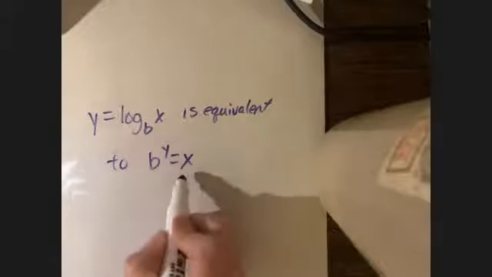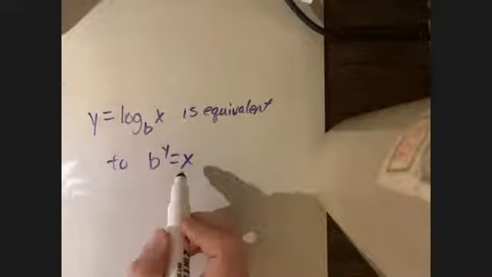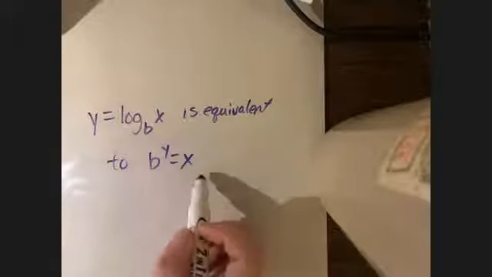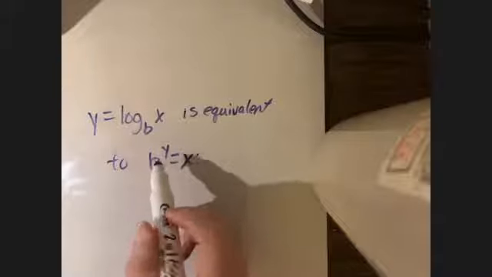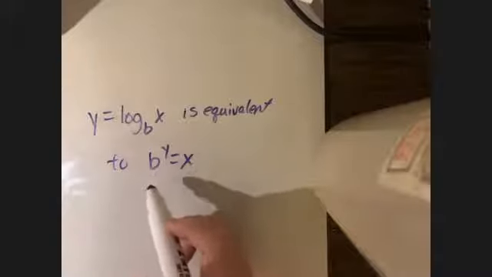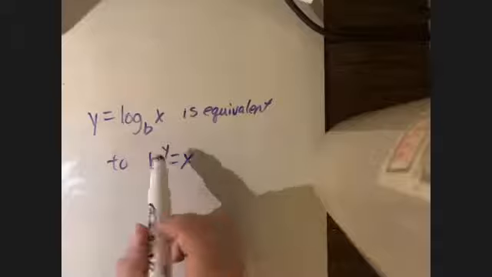They took y equals b to the x and switched the x's and y's, and then said we need to solve for y. They couldn't get y back by itself because you can't divide off the b, since it's not multiplication, it's an exponent. You can't take a root because I don't know which root. It changes. I can't do a square root one time and a cube root the next time. So what they came up with was this.